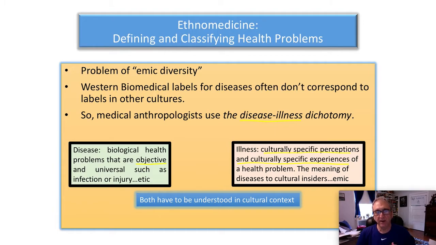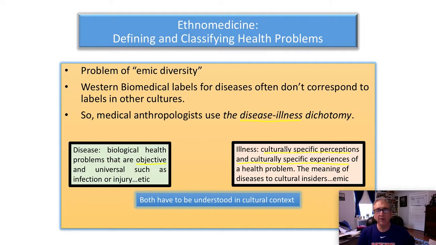It is connected to the way that their culture defines what's happening to them. In other words, illness refers to the meaning of diseases to cultural insiders, the emic. We have to understand both disease and illness.